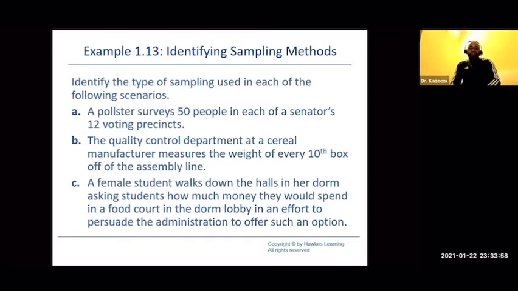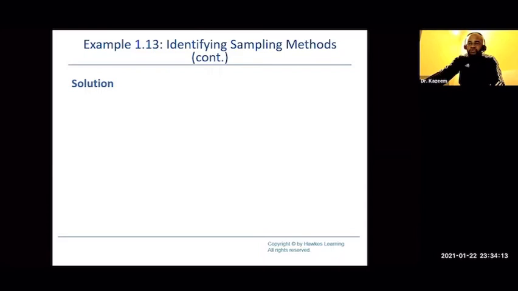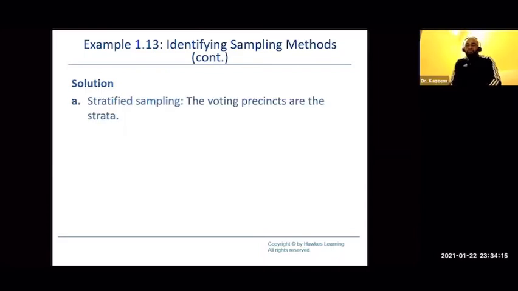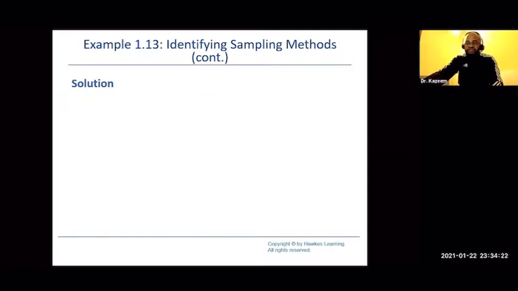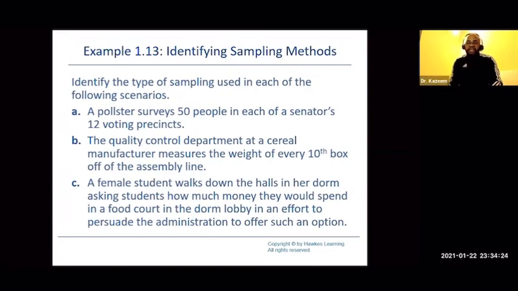It says a pollster surveys 50 people in each of a senator's 12 voting precincts. Now I'm going to show you why we choose stratified. We choose stratified because the voting precincts are the strata. If you take a look at the question again, it says in each of a senator's 12 voting precincts.